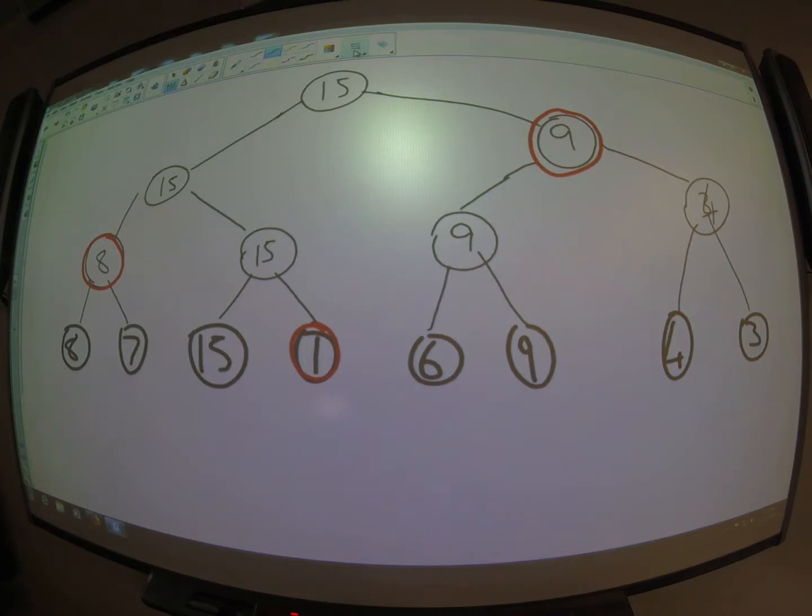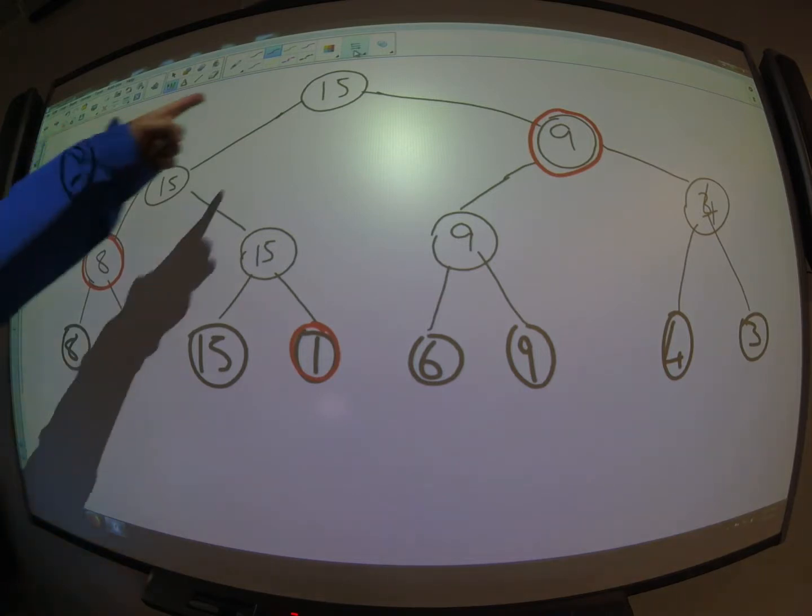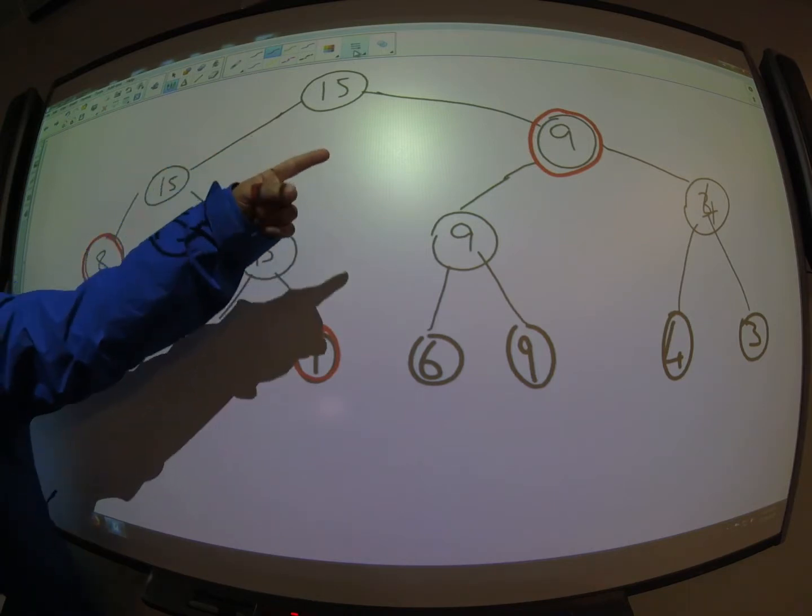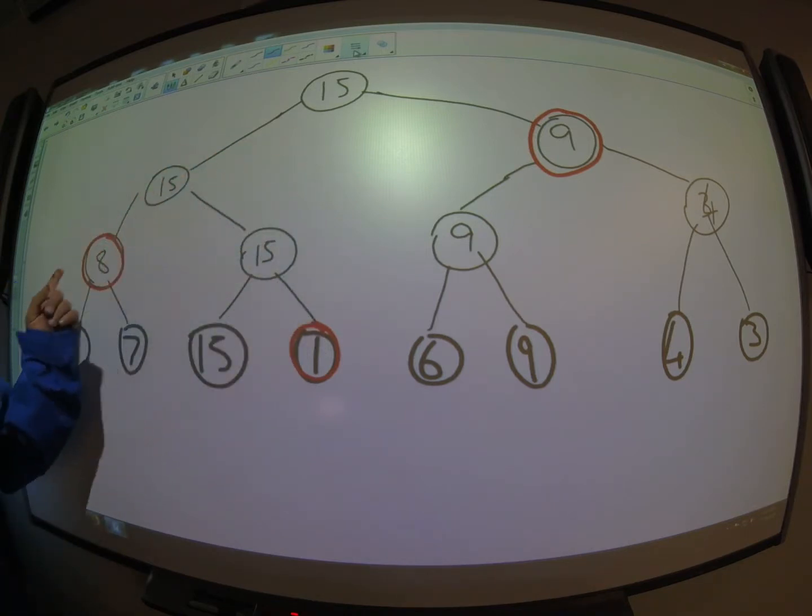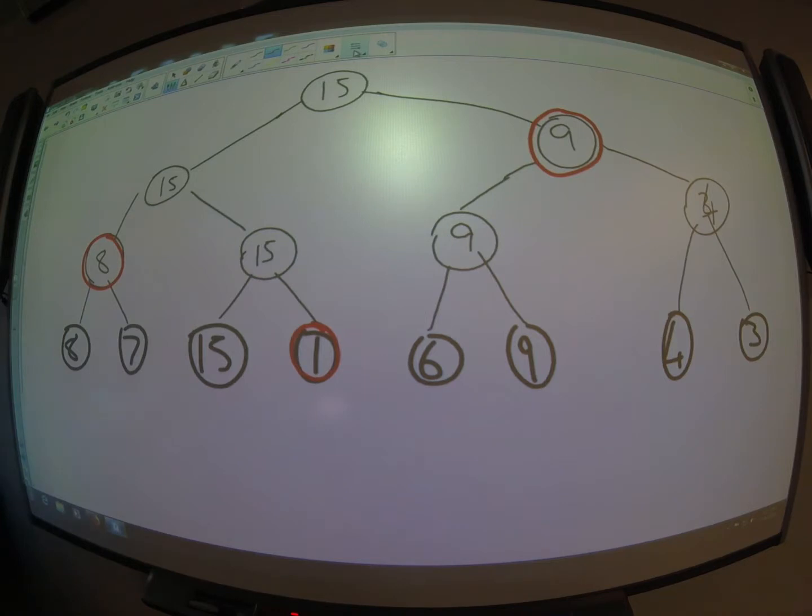Right now we are talking about small numbers, just 8. The height of a balanced tree, balanced because each node has exactly 2 children.